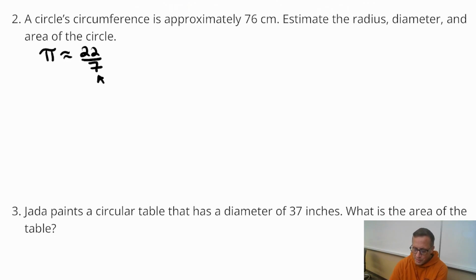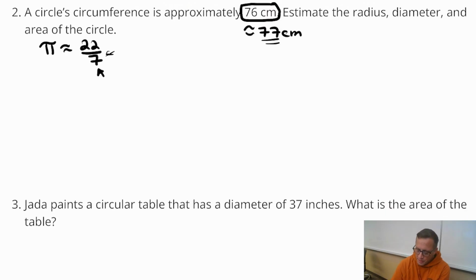What jumps out at me, and I know this is hard for some people to see with estimation, is that 76 is pretty close to 77. The reason I like 77 is that it is a number that divides by 7, which is the denominator of the ratio equivalent of pi, 22/7. So that's what I'm going to do.